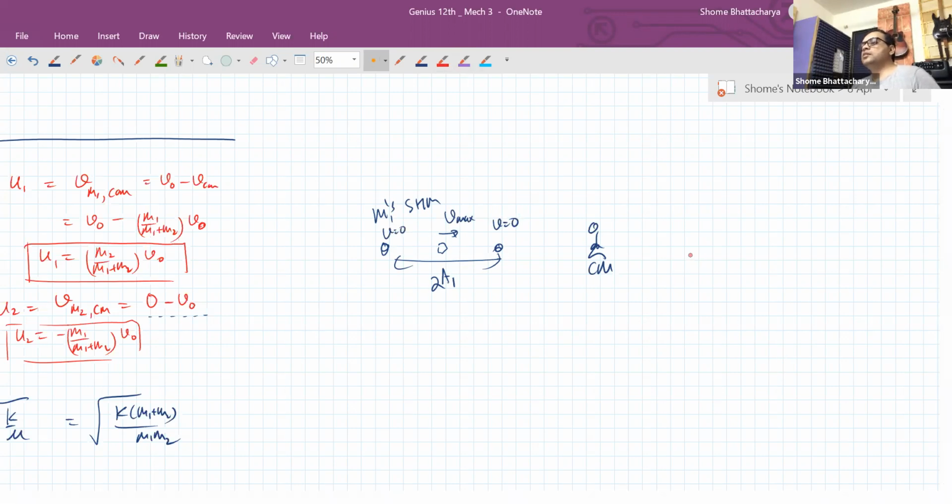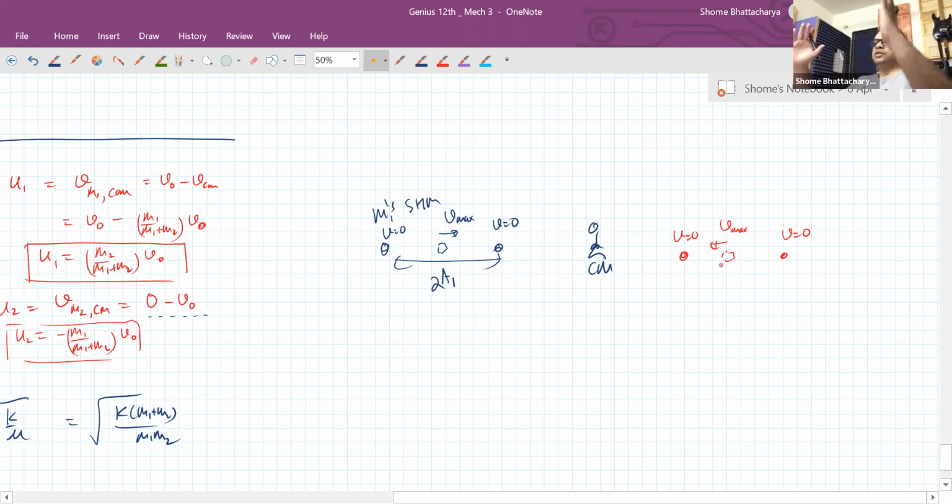And similarly, I know that simultaneously M2 is doing an SHM like this. This is its mean position. This is when M2 is at rest. So they are going back and forth like this with respect to center of mass.